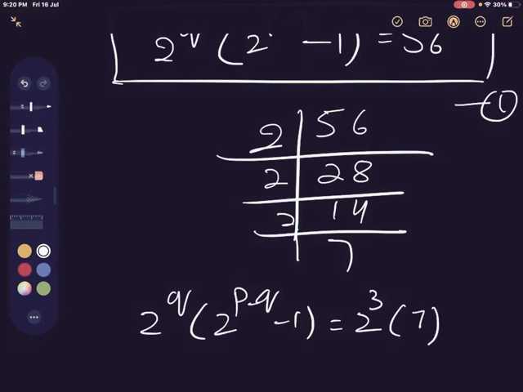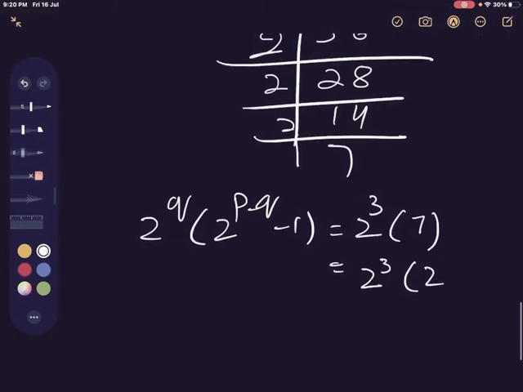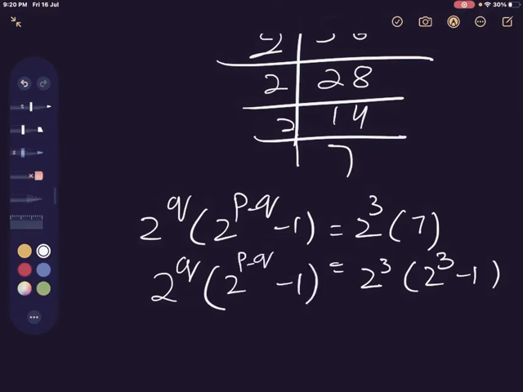If I rewrite it like this, because I need to get 7 as 2 cube minus 1, now I can compare these powers, since it's the same equation with base 2.